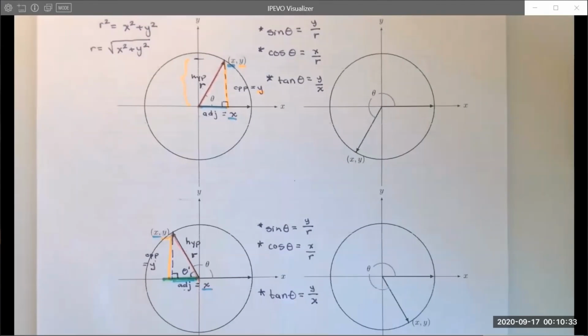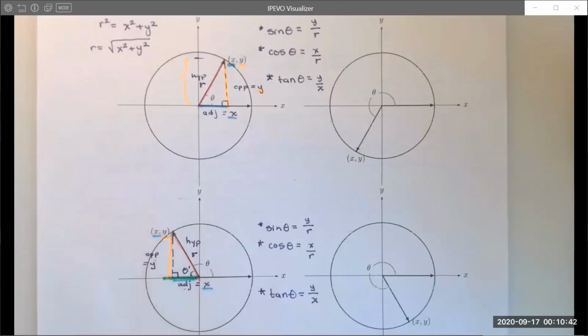And what's actually nice about this as well is that if you remember again from Monday's video, we said the trig functions are going to have different signs, like meaning now they can potentially be negative depending on the quadrant.